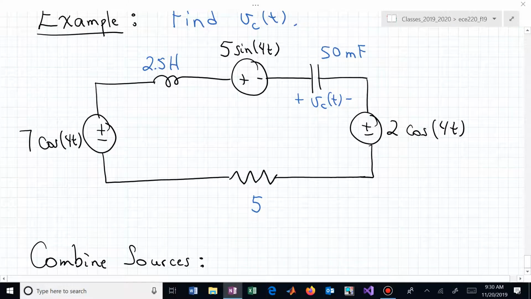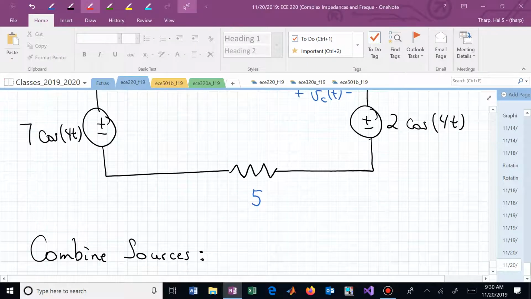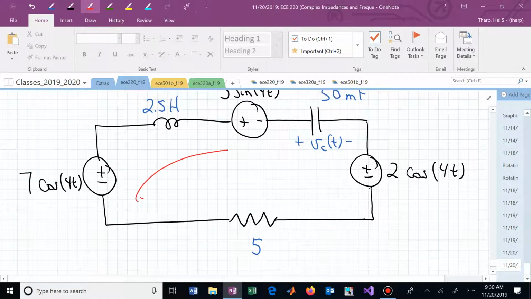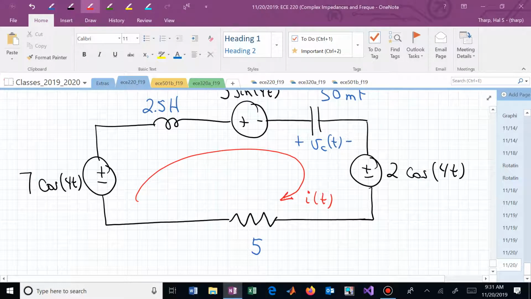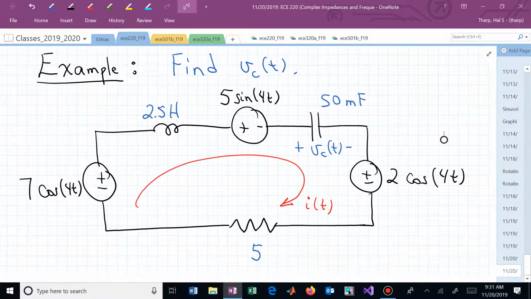how do we want to combine them? Oh, and these are even directed in opposite ways. The plus signs are not all in the same orientation as we go around that mesh or loop. If I'm interested in this current, does the 7 cosine of 4t, when it's going positive, help I get bigger?